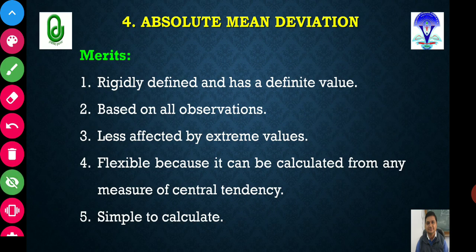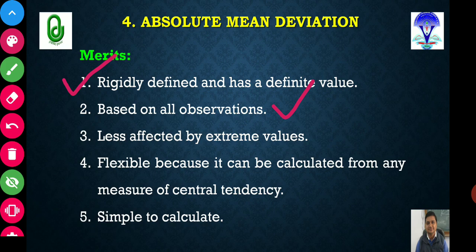Now what are the merits of absolute mean deviation? It is rigidly defined, it has a very concrete formula. It is based on all the observations. When you calculate absolute mean deviation, you see all the observations are being used, whereas in case of range or quartile deviation or interquartile range, you will not use all the observations.